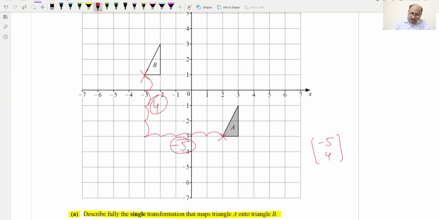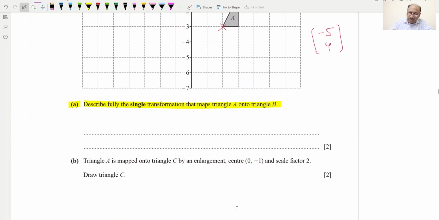So I'm erasing this working which I have explained so that you can understand this. I will write here minus. So it is basically a translation because changing location by, we can write minus 5 and 4, and this will be minus 5 units left, and yes, so it's correct.